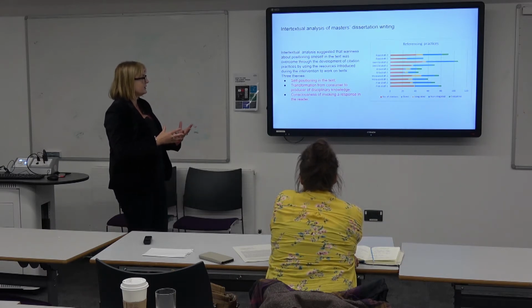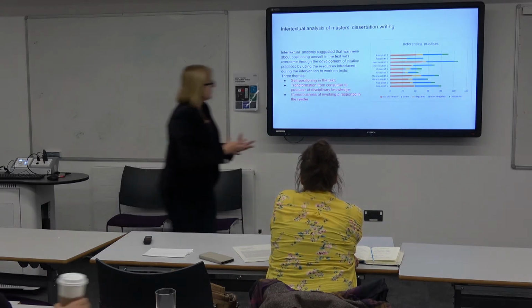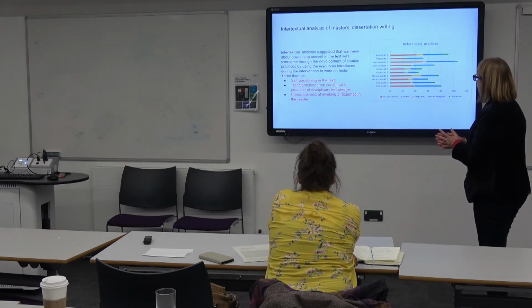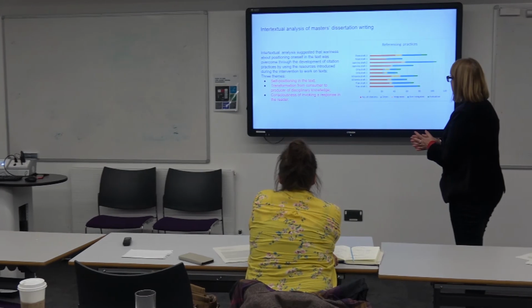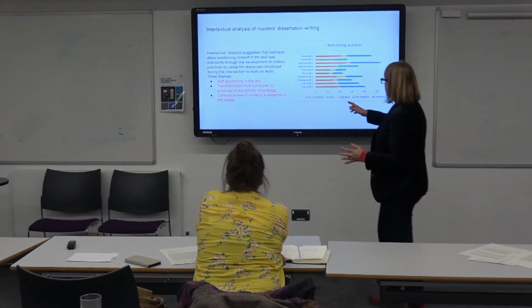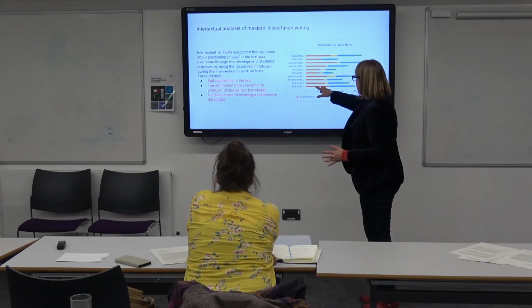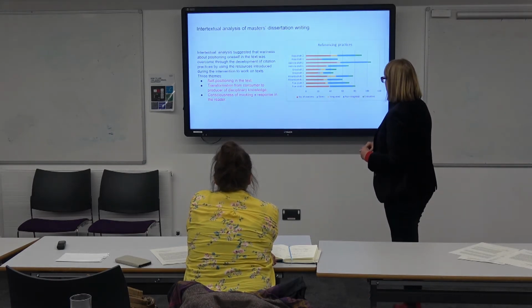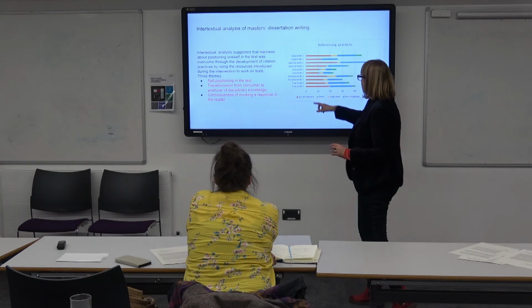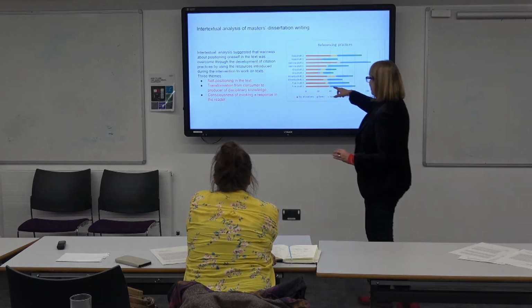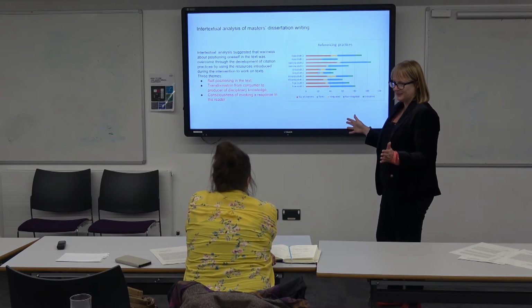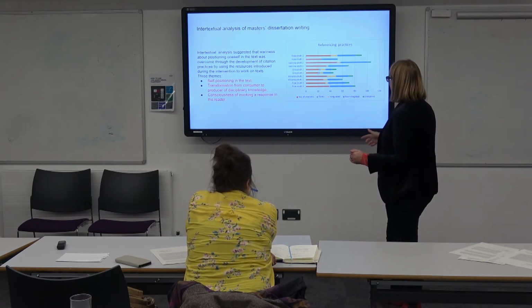So I was very interested in how their referencing practices changed over the years. This is just a sample from 5 of them. Number 1 is at the beginning, and number 2 is at the end. So the number of citations, with one exception, obviously there's more citations in the final piece of work. No surprise there.